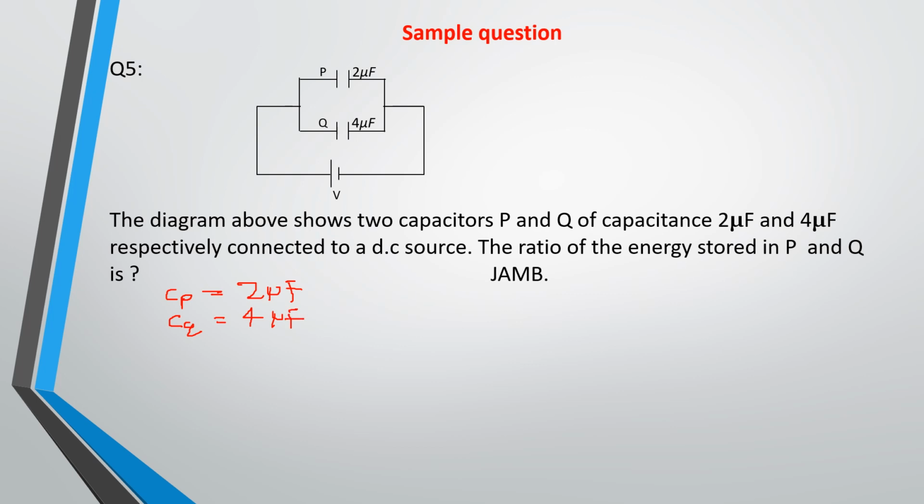Then you are given V, the PD, to be V. So you have C and then you have V. When you look at the equations, which of them can you apply to solve this problem when you are talking about work done?